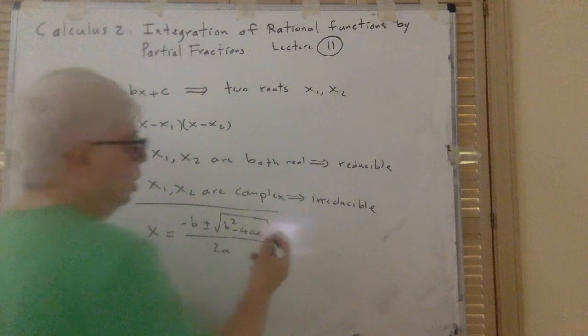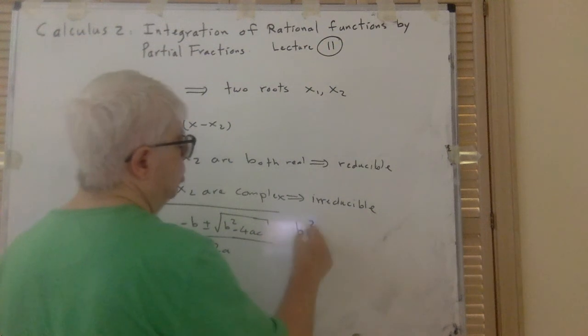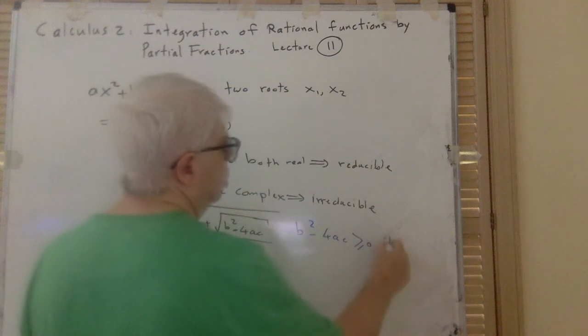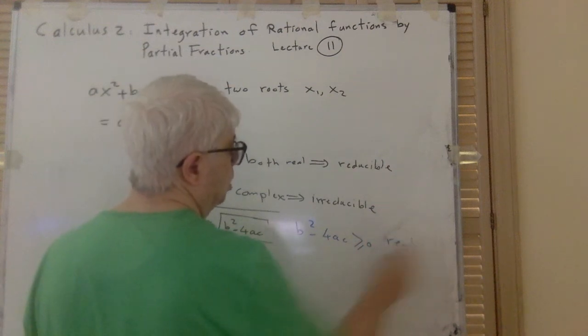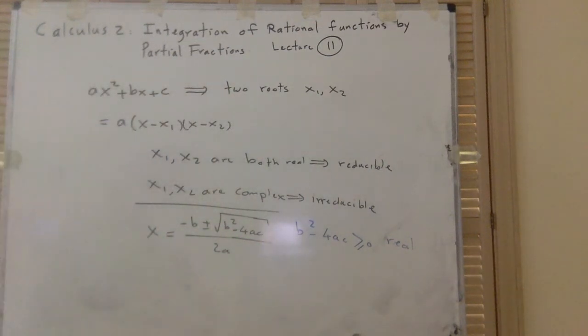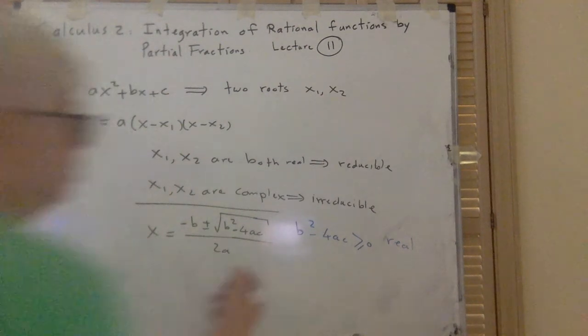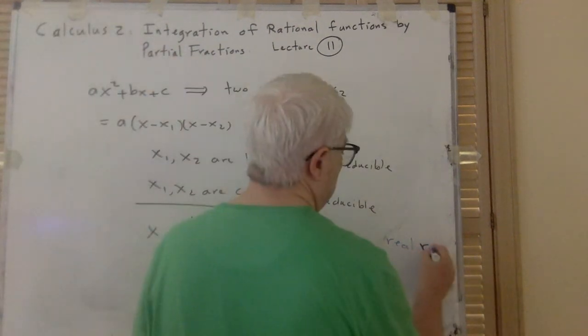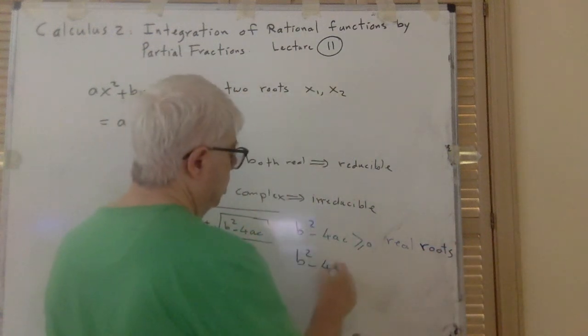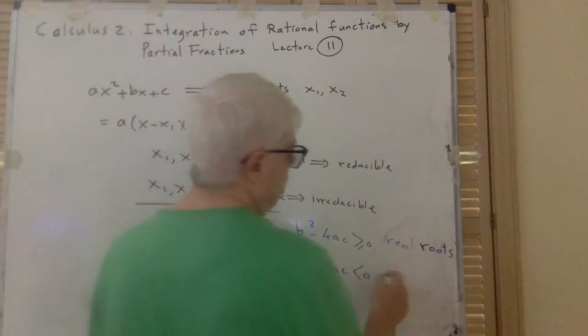So if b squared minus 4ac is bigger than or equal to 0, real roots, and if this is negative, complex.